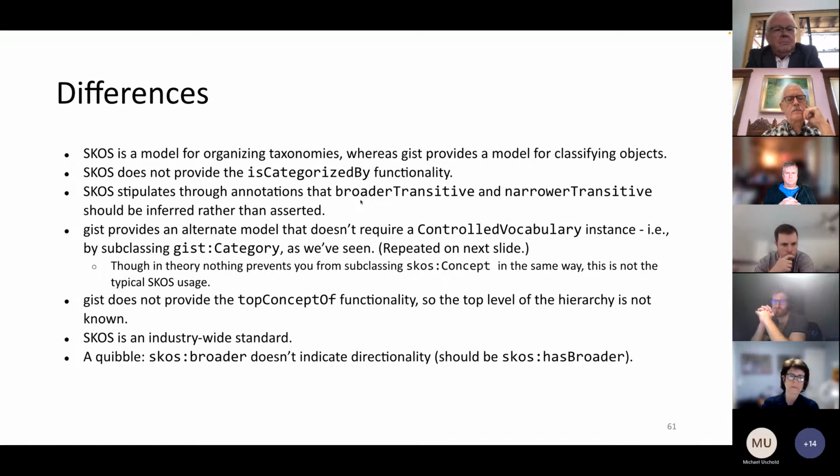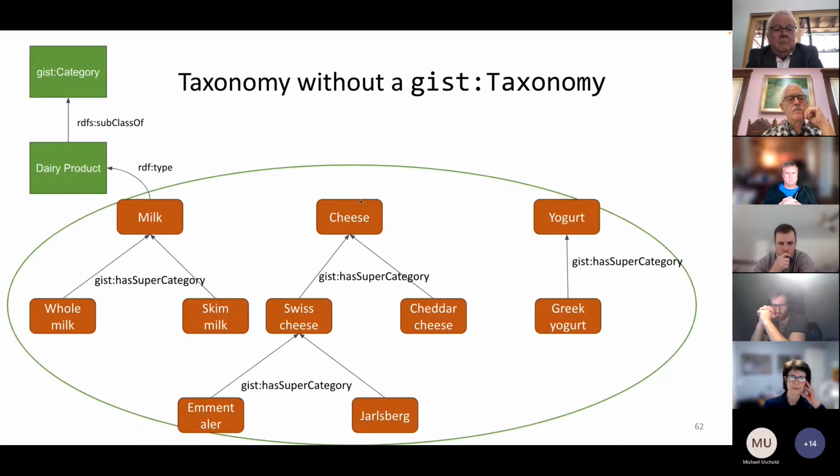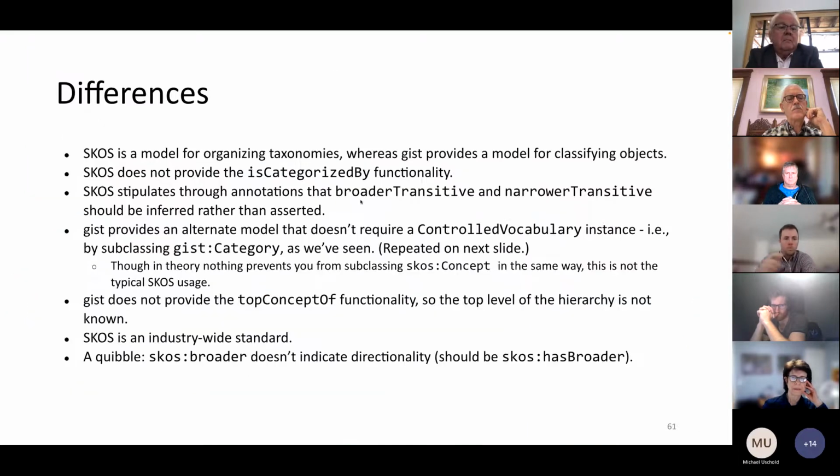So JIST again provides this alternate model, just using categories rather than controlled vocabularies, which we've seen. Though in theory, there's nothing in SKOS that prevents you from doing that as well.